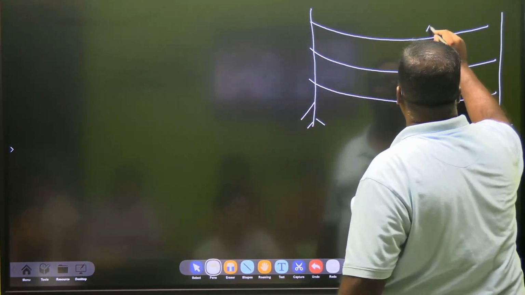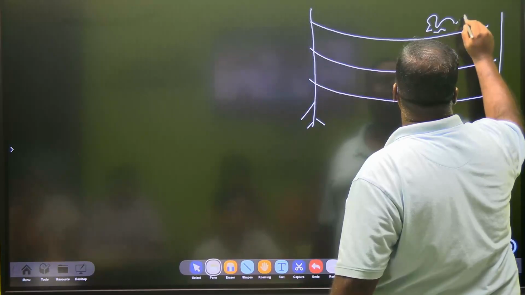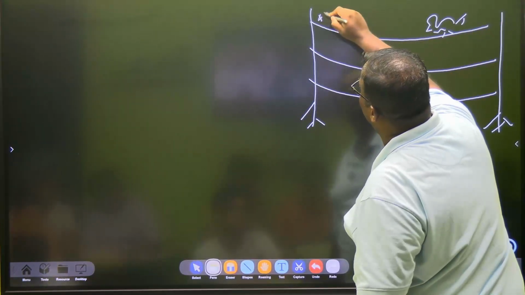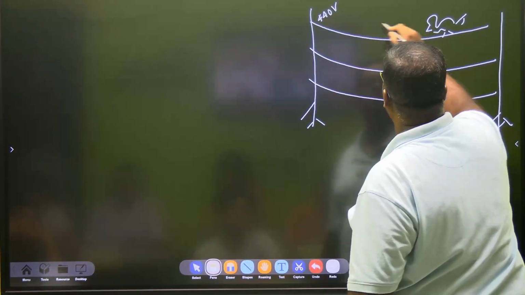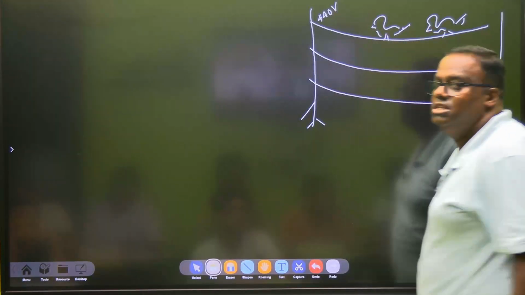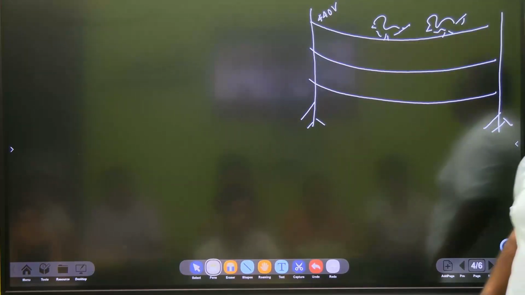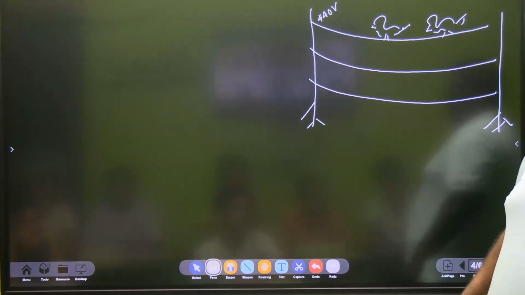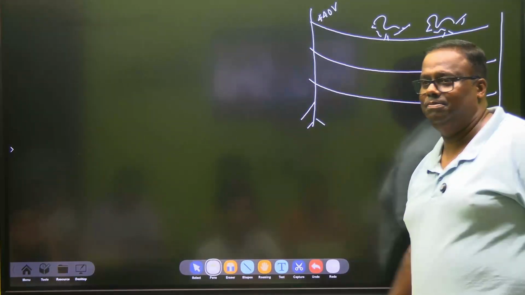Chunnu is sitting here and these are carrying around, these are not even 220, 440 line. Chunnu is here, Munnu is also sitting here. Nothing is happening to them. Why? Sir, birds are bad conductor of electricity. Nothing is happening to them.